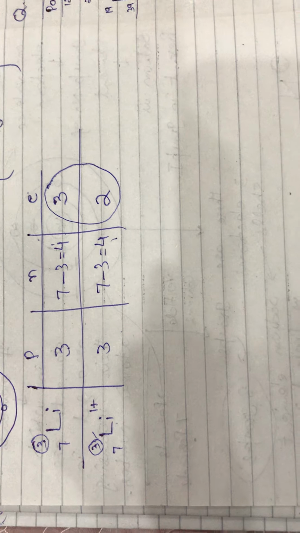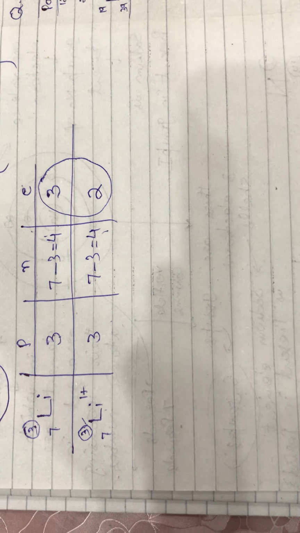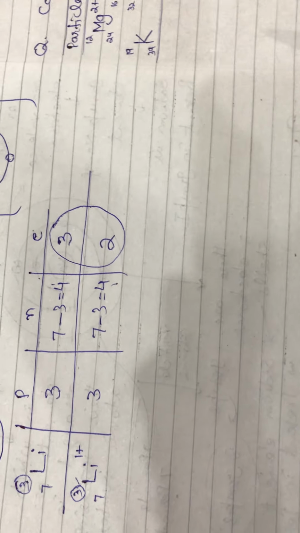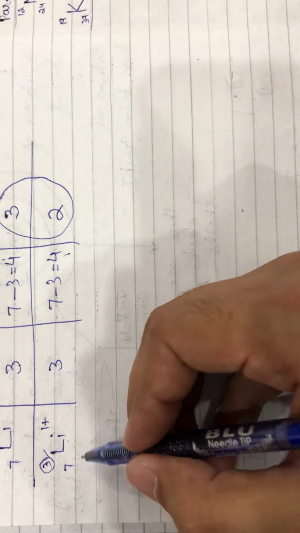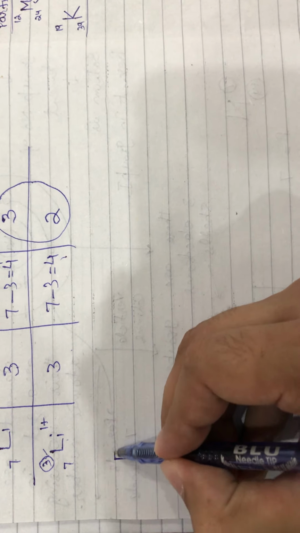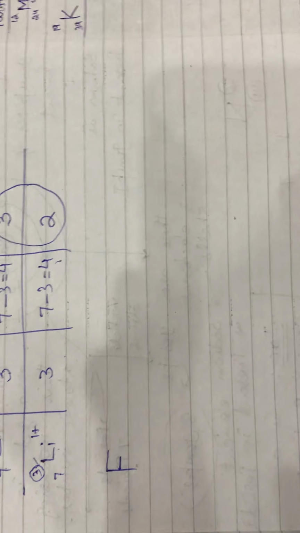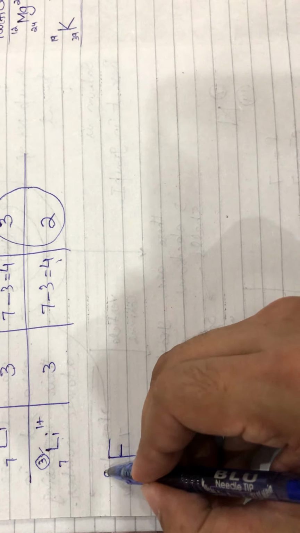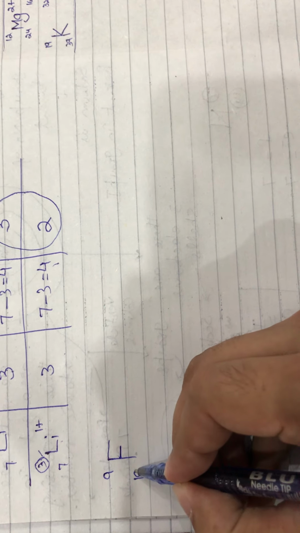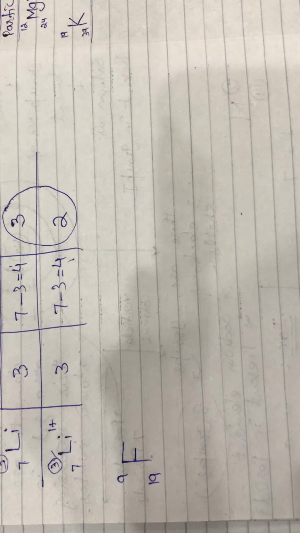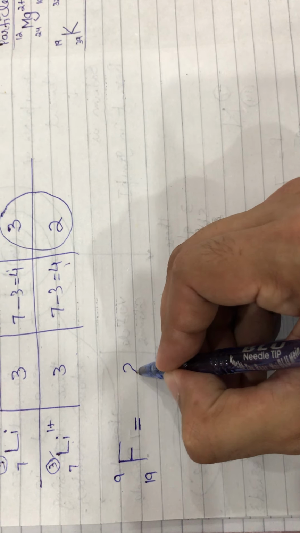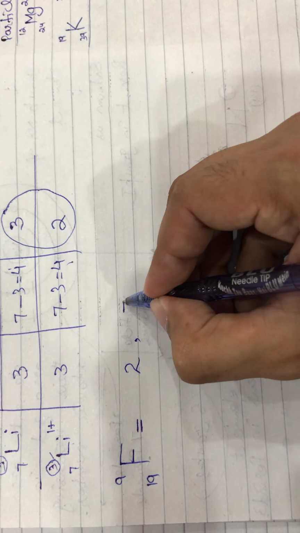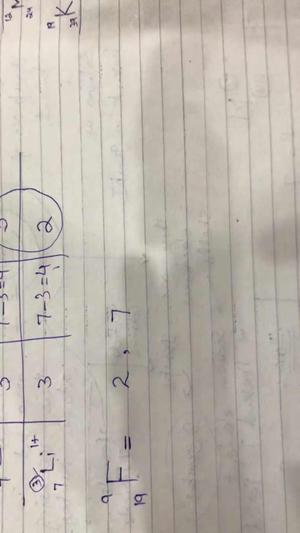Similarly, we will take the example of a negative ion, how a negative ion is formed. So fluorine is in group 7 of the periodic table. Its atomic number is 9. Its atomic mass is 19. So its electronic configuration is: first shell contains 2 electrons and second shell contains 7 electrons.